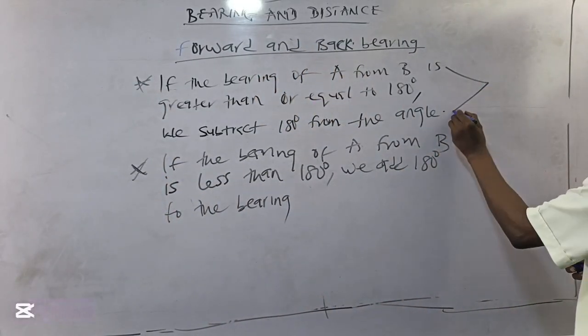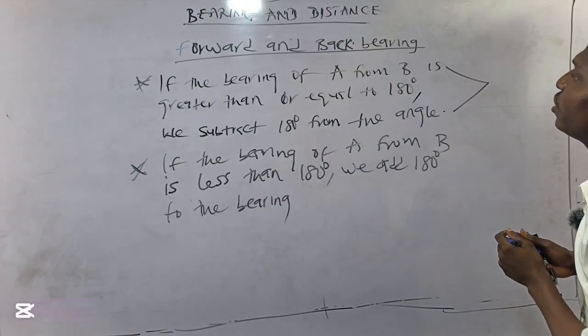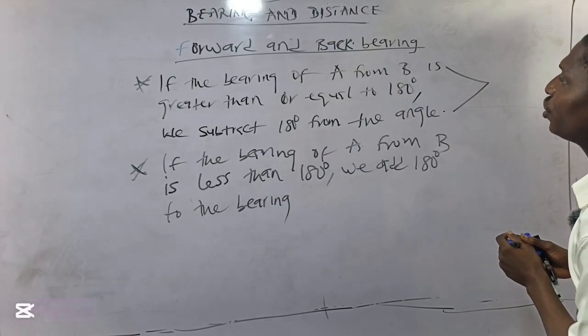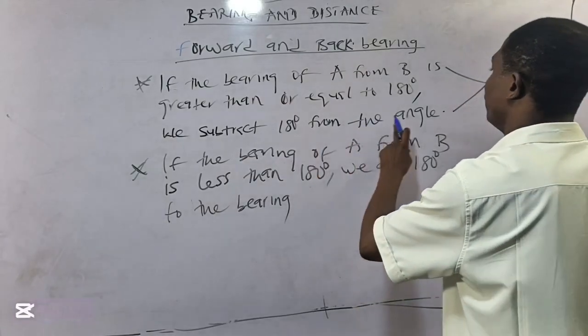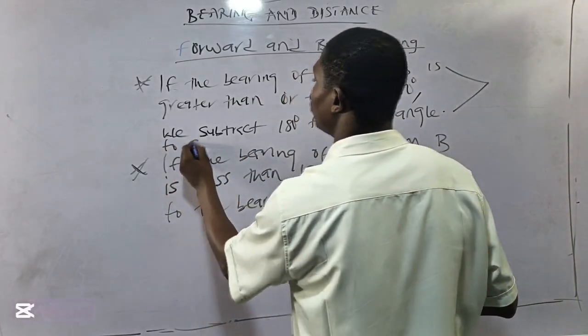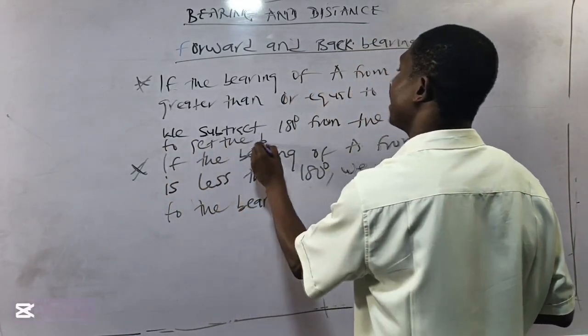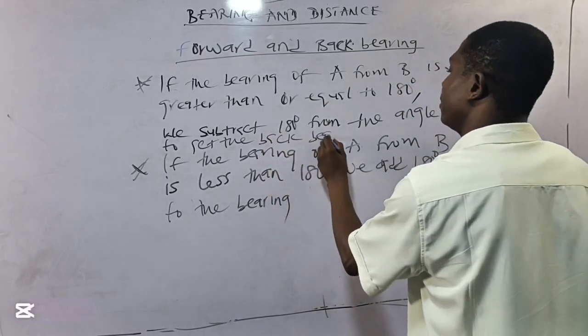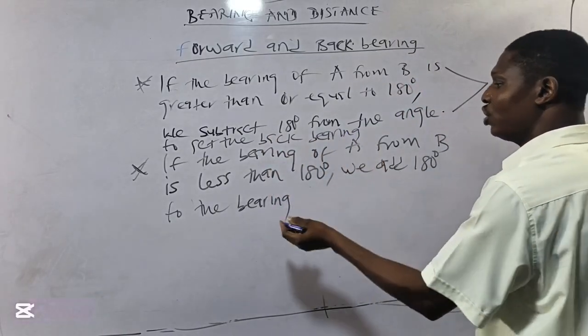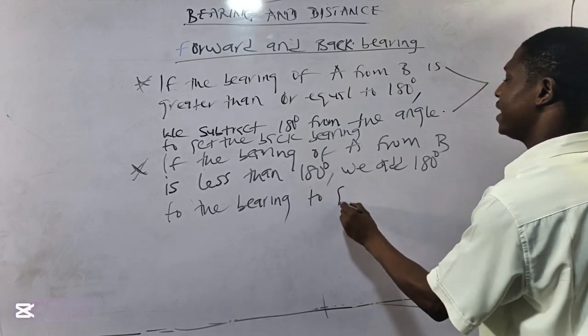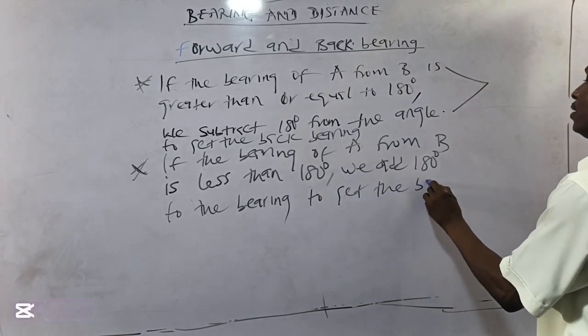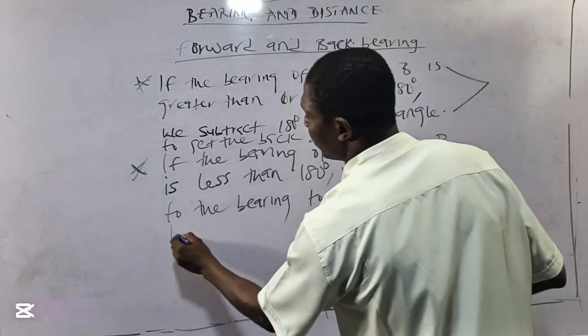This simply means if the bearing of A from B is greater than or equal to 180 degree, we subtract 180 from the bearing to get the back bearing. If it is less, we add 180 to the bearing to get the back bearing.